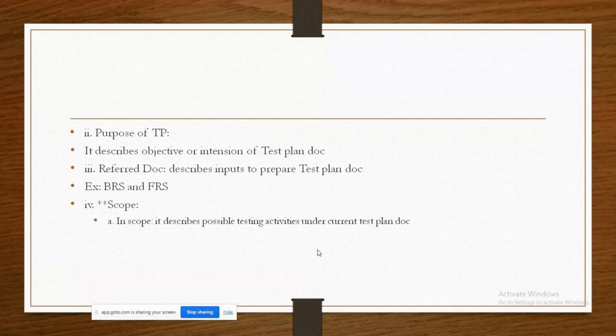Will you go for performance testing? No. A separate team is going to perform that testing. In scope here means functionality testing, user interface testing, usability testing. Out of scope means performance testing will not be covered.